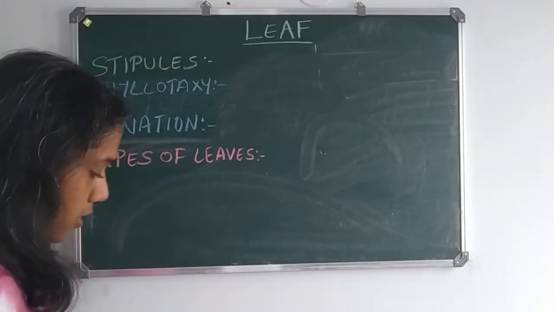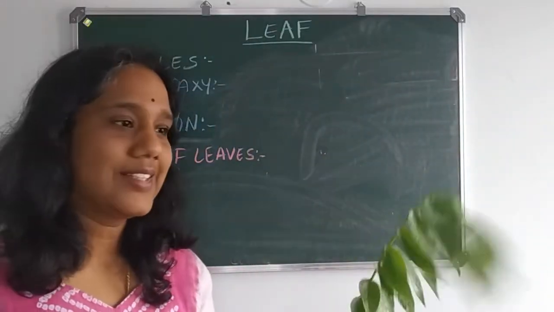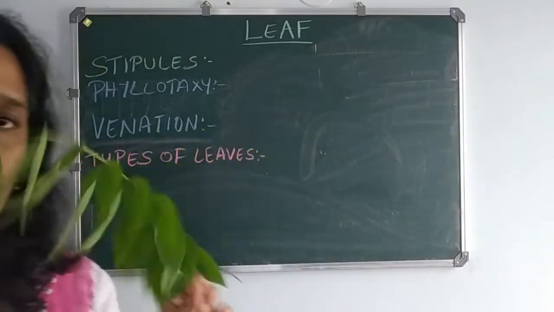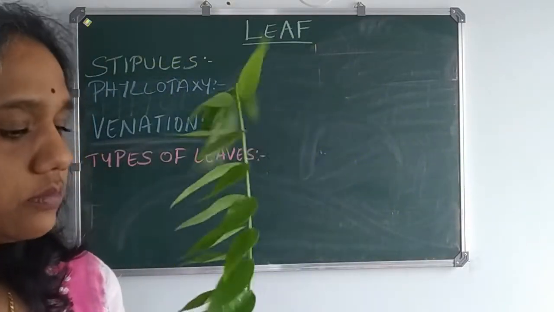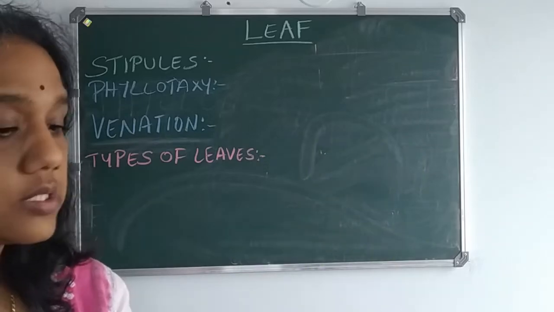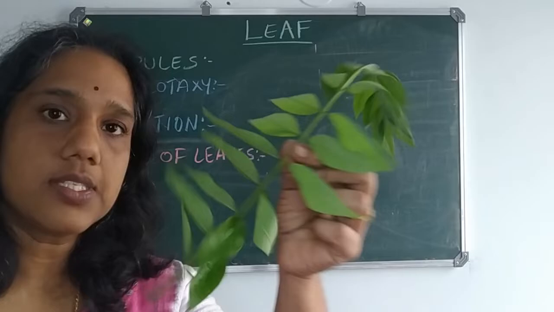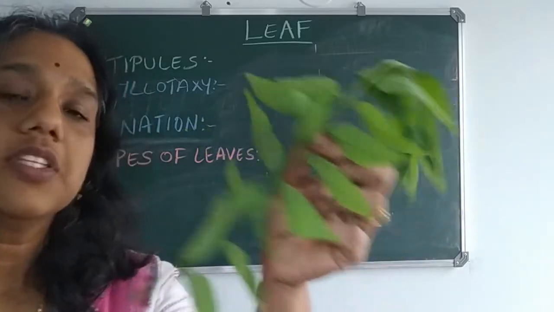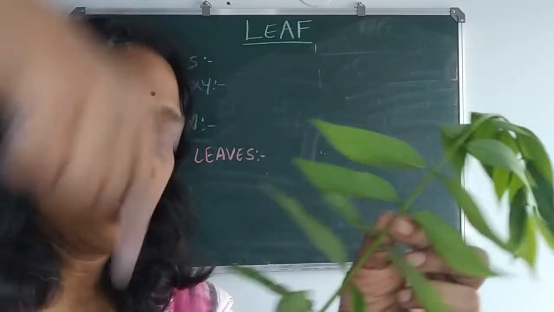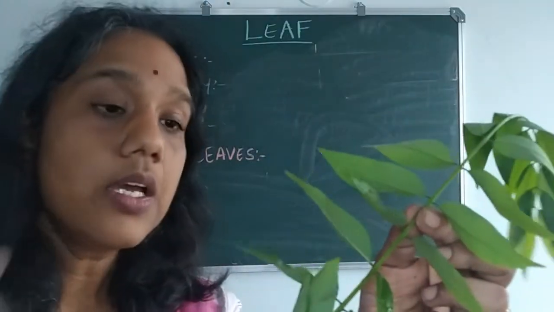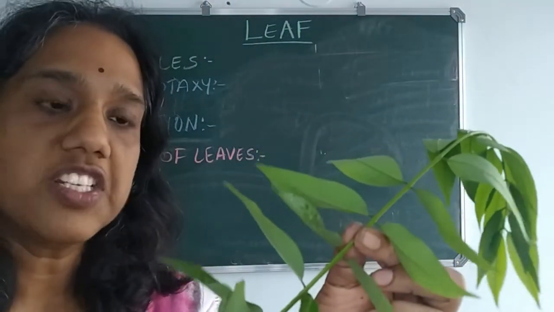So today I have an example of a compound leaf here. If you look, students, this is a whole leaf actually. This is a single leaf, alright? But this single leaf, the lamina, which should have been this big, has been broken down into smaller segments.